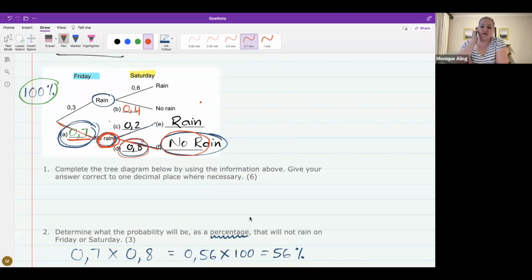Okay, so it looks like we're all on the same page when it comes to getting some more practice. So we'll work on that for the next lesson on Wednesday. So Wednesday is our last lesson on probability. We'll do a little bit more tree diagram questions as well as two-way tables, and then we're done with probability. So yeah, I hope to see all of you on Wednesday again.